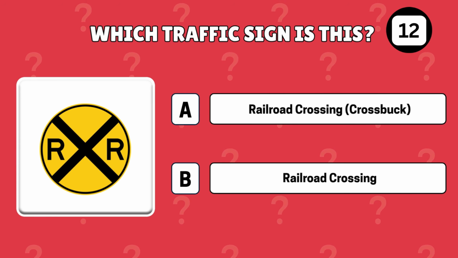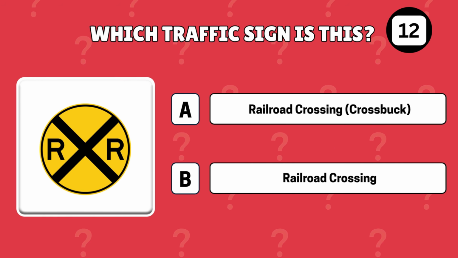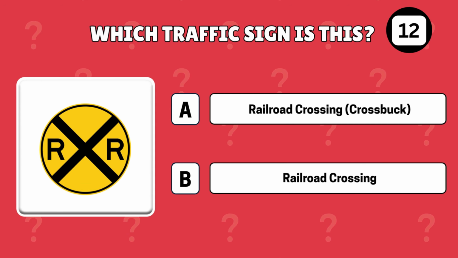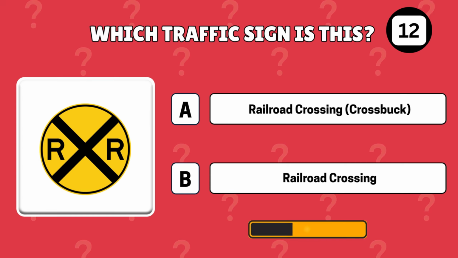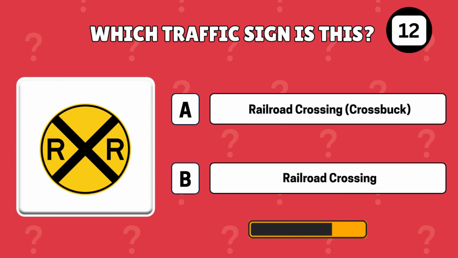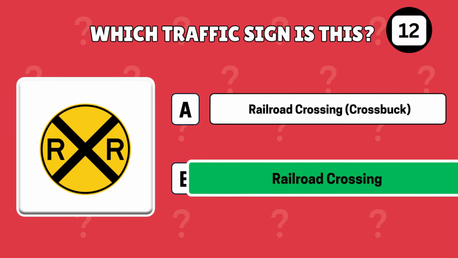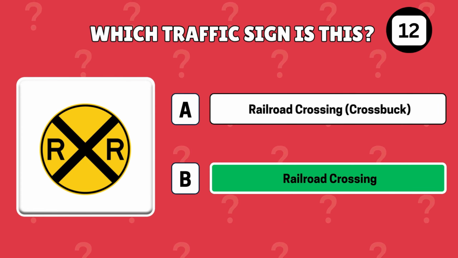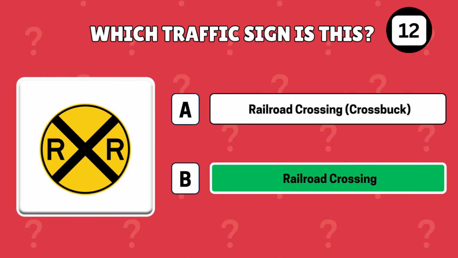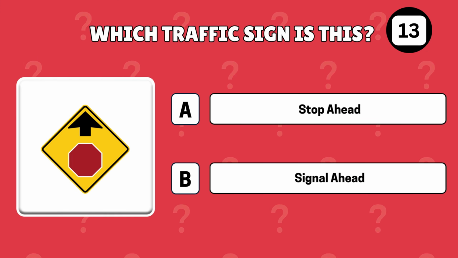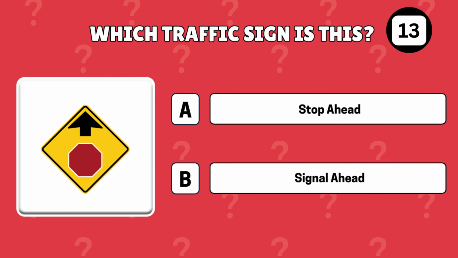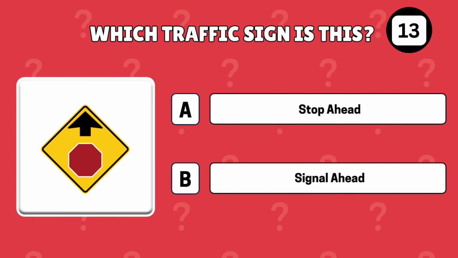Which traffic sign is this? A. Railroad crossing crossbuck. B. Railroad crossing. Good thinking. This is the railroad crossing sign. Which traffic sign is this? A. Stop ahead. B. Signal ahead.